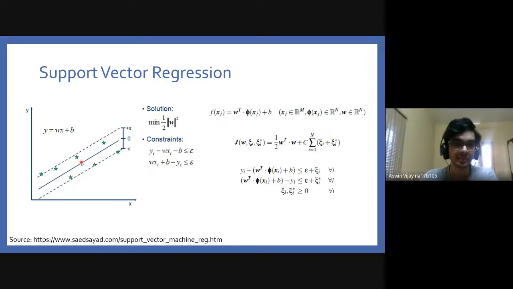If you were to maximize this with respect to all the data points, this perpendicular line, and write out the equation, you will find that this perpendicular line is directly proportional to 1 by the norm of the W. So maximizing 1 by W norm means minimizing W square. Did you get that one?